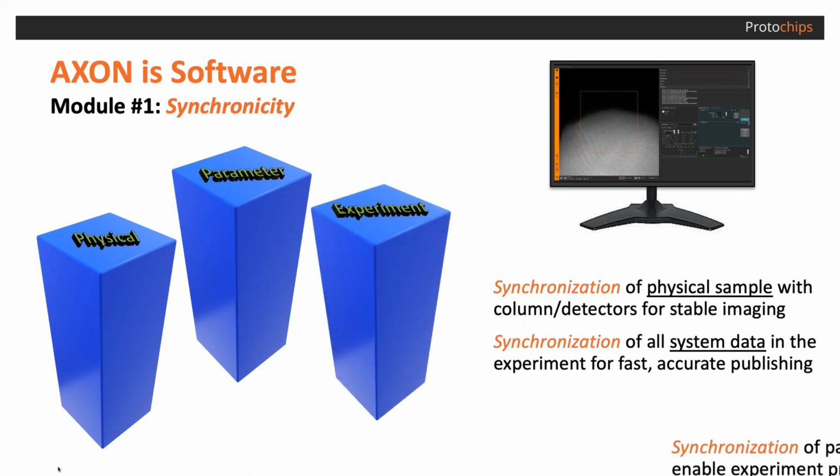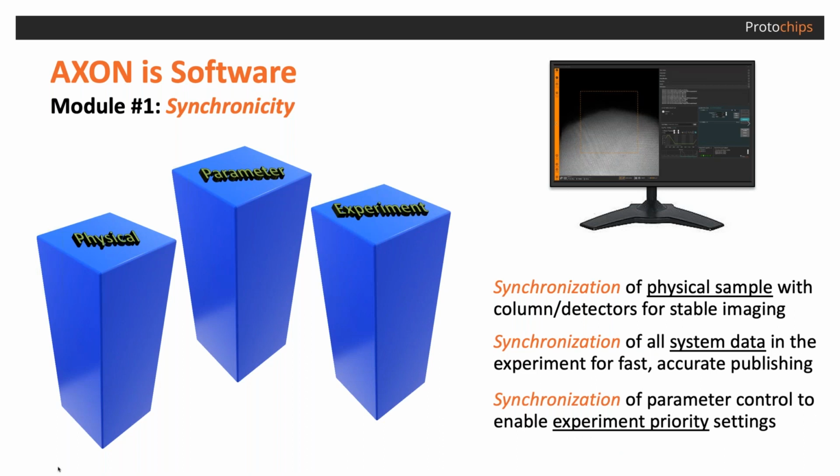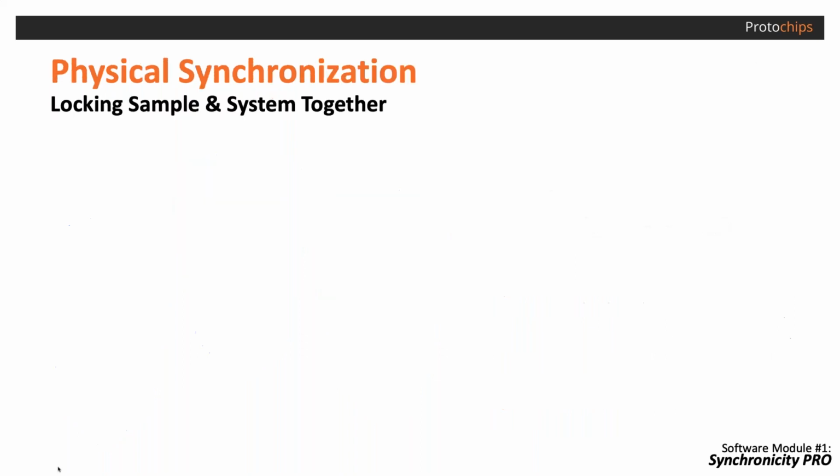And the third is experiment priority, synchronization of the parameters of the experiment so that not only can they be read and reported, if they're Protochip systems, you can actually turn it around and AXON can control the system so that it can maximize success in your experiment. And I'll show you that in just a second.